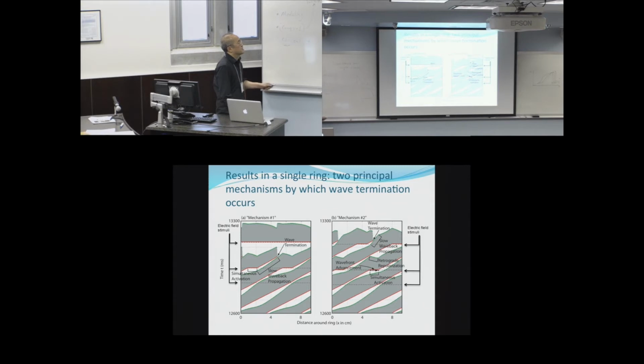The horizontal dotted lines here are the times at which I apply the electric field stimulus, and you can see, for example, this gap here being almost completely filled by depolarization as a result of the electric field, but not completely. The region immediately behind this wave is assumed to be in a relative refractory region, and is not depolarized.